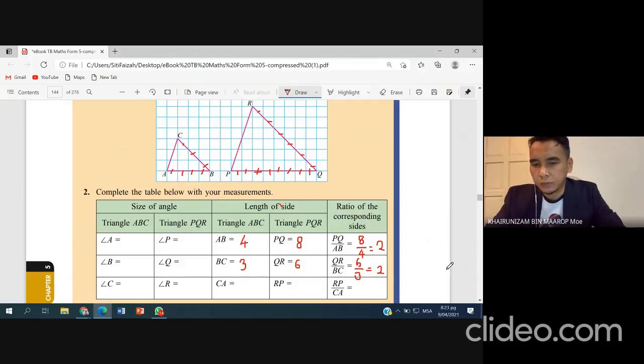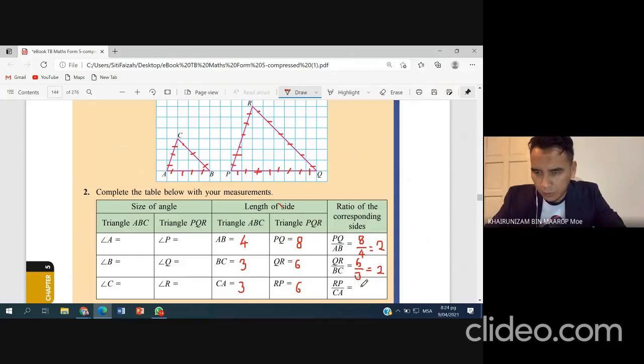Okay, we get 2. And also for side CA, actually we can count this one. 1, 2, 3. So 3. And then for PR, 1, 2, 3, 4, 5, 6. 6 units.